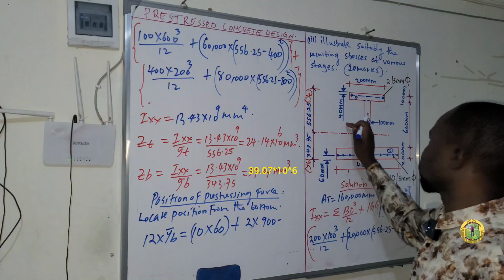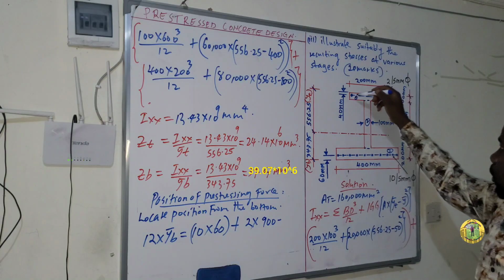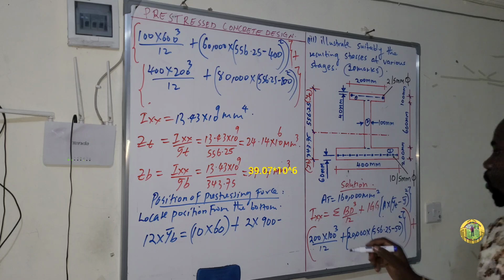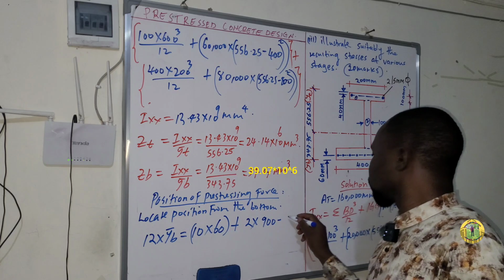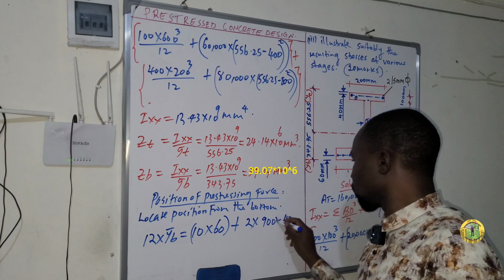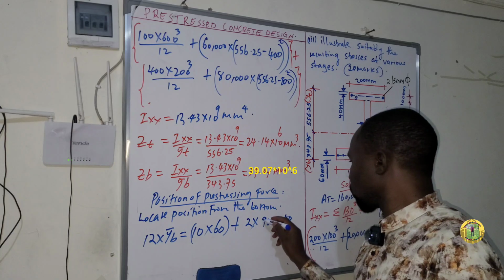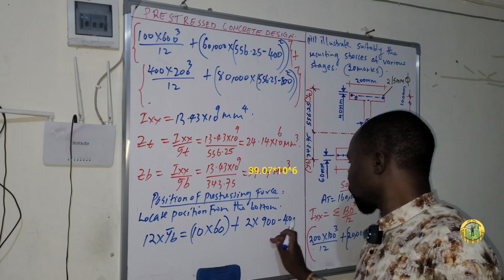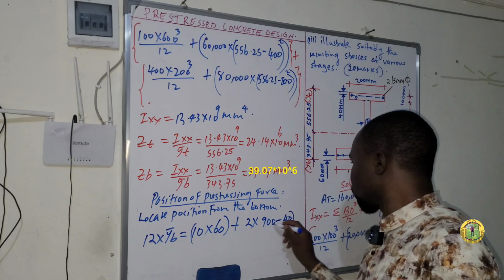Then minus 40 to get the distance from where the cable is to the bottom part. So this is 900 minus 40.